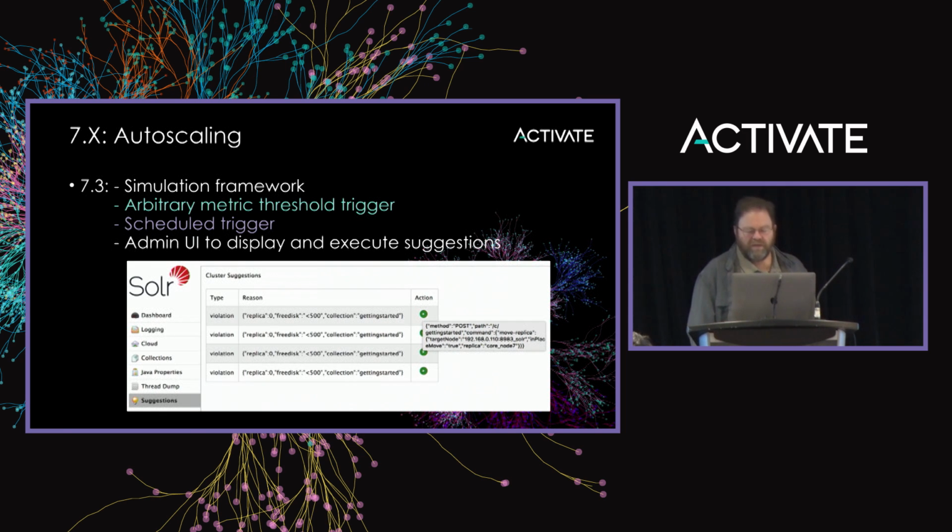As I said, although these appear to be the same, it's actually the case that these are different nodes on which this is occurring. And so the action, let's see, this is for moving a replica to a different node. So this suggestions API invoked through the admin UI will allow you to see what's wrong and take action from the admin UI.